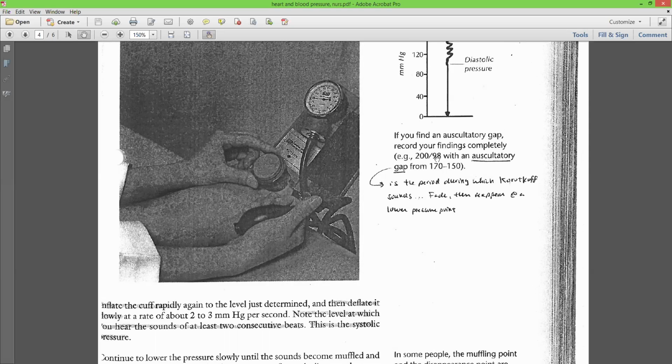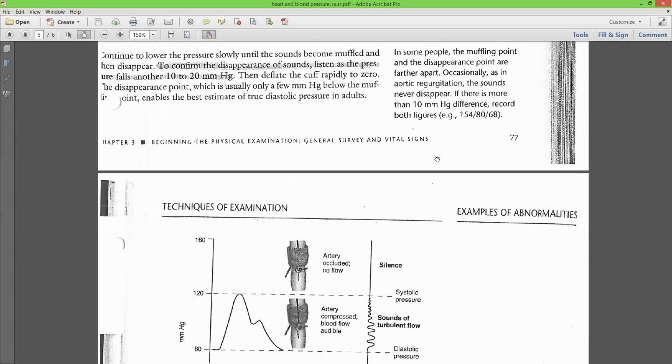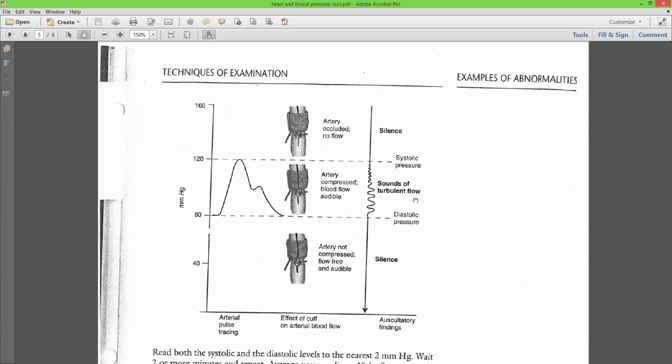So you're releasing the pressure, looking at your meter. The first turbulent sound, bloop, and the needle is over 120, so you record 120. You're still releasing the pressure. As you're releasing the pressure, you're unkinking the tube, so the brachial artery is getting bigger, which means blood flow is going in faster.